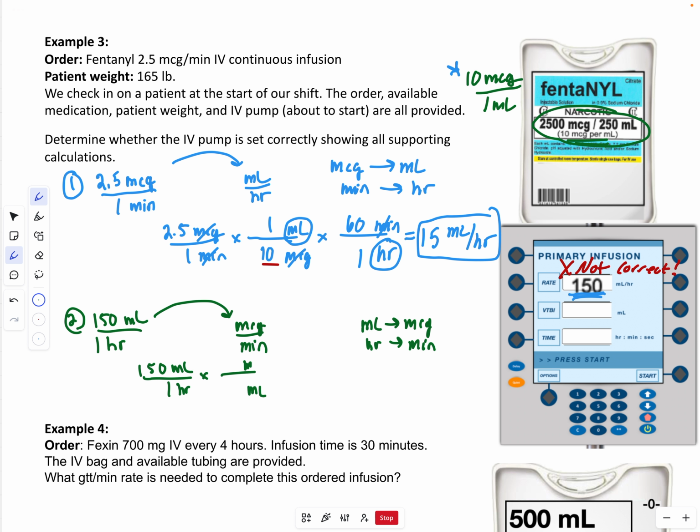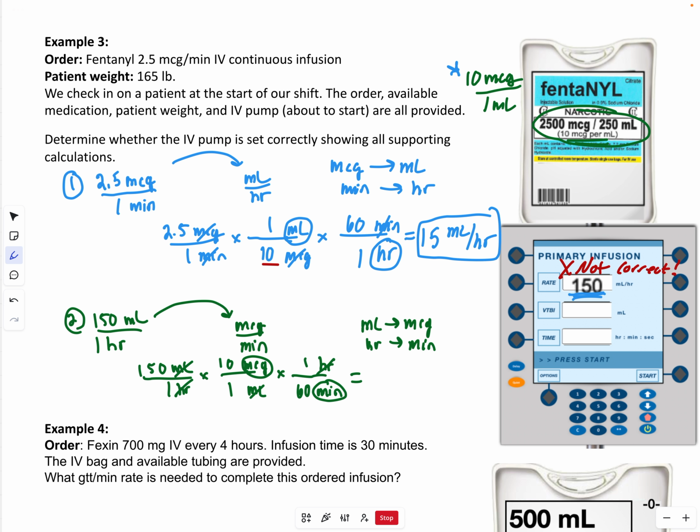mLs to micrograms. I know 1 mL has 10 micrograms. And then I want to divide by 60 because 1 hour is 60 minutes. And so I'm going to guess we get 25, but let's double check.